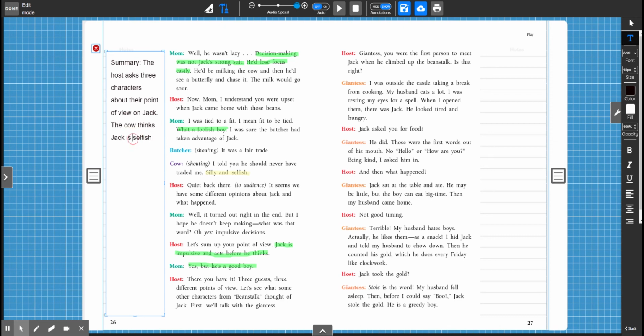Maybe very selfish. The butcher thinks Jack is kind and smart.